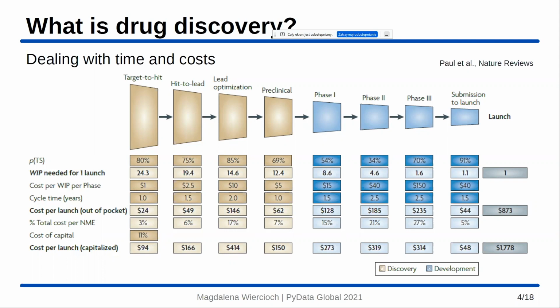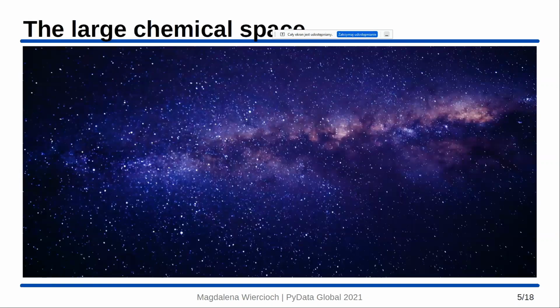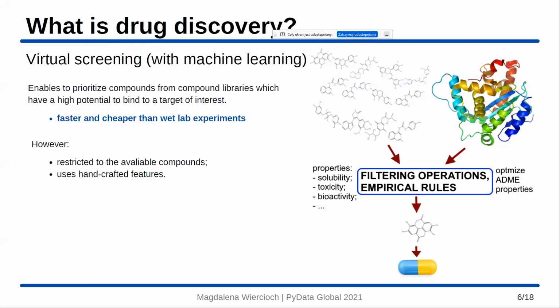And as I said, the chemical space is very large. We can say that the number of molecules is like 10 to the power of 60. One of the methods that is commonly used is called virtual screening.